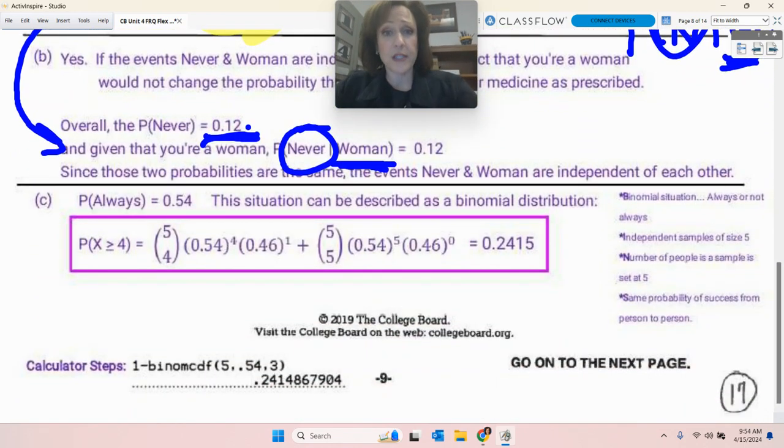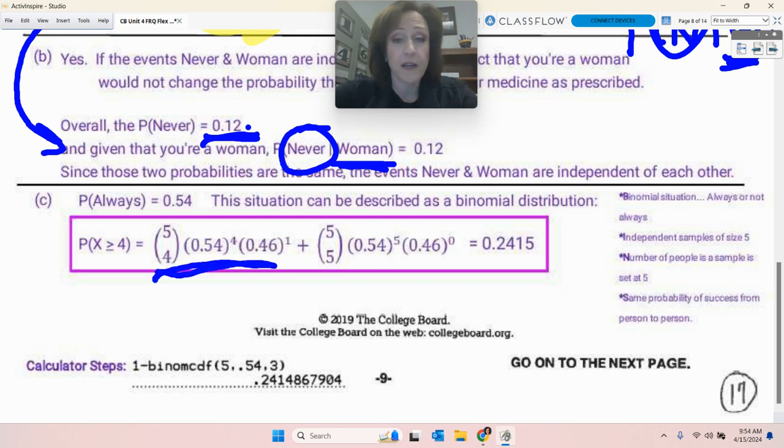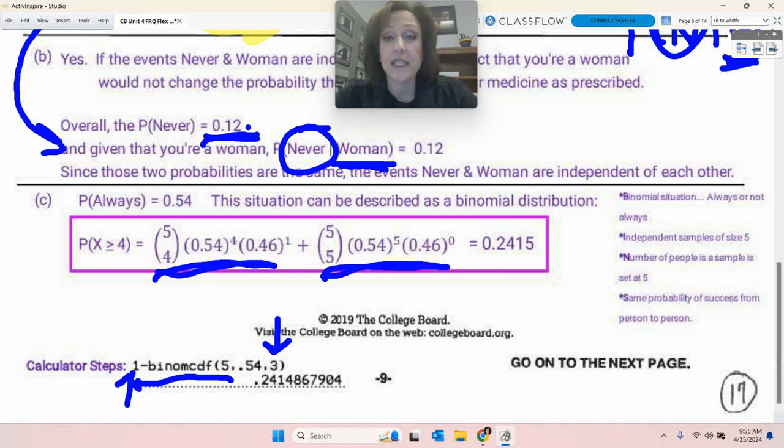This is a binomial situation because it's not continuous, where we can have partial amounts of people, like 4.3 people choose it correctly. No, it's 4 choose it correctly or 5 choose it correctly. So I want to do binomial PDF of 4 correctly plus binomial PDF of 5 correctly. The alternative would be 1 minus the binomial CDF, taking away the bottom 3. 1 minus the accumulation of the bottom 3, so 0, 1, 2, and 3. That would leave me with 4 and 5.